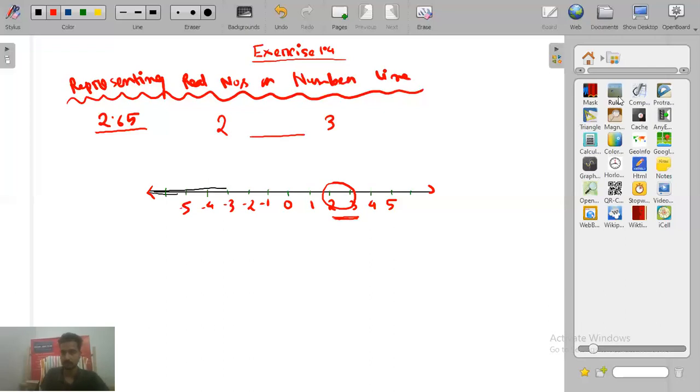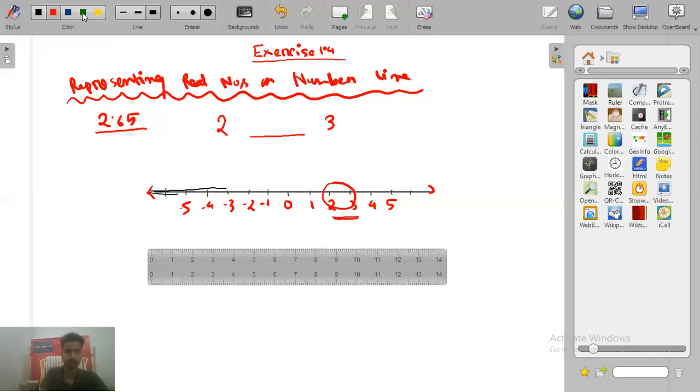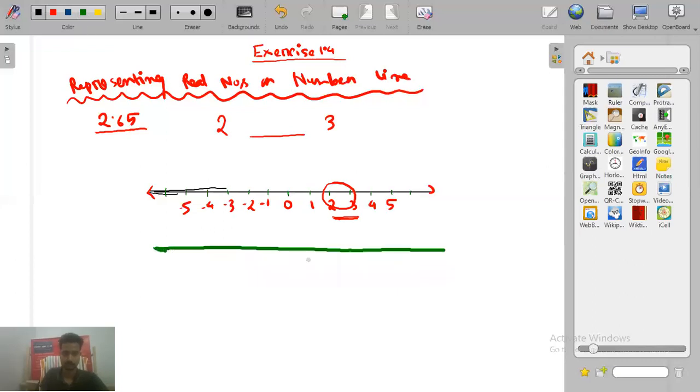Okay, so let me draw one line again. So this is your line. Suppose this is your 2, and this is your 3.